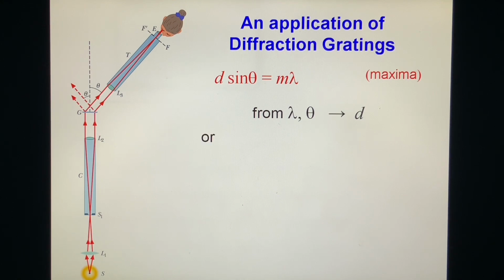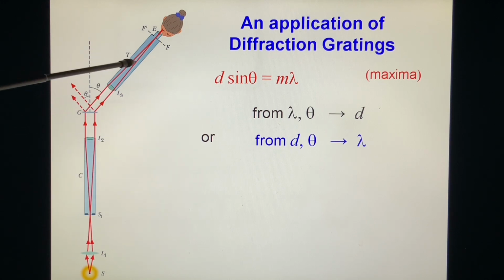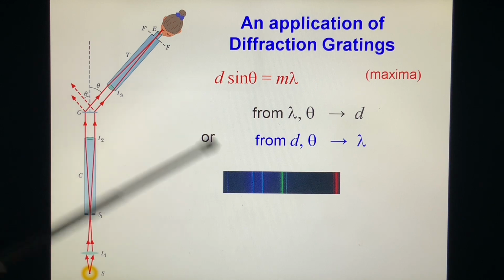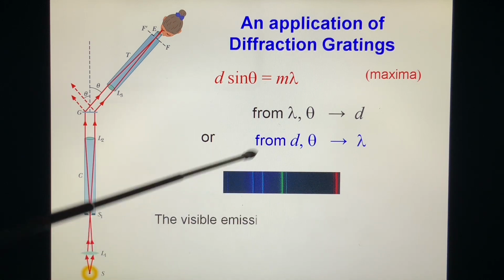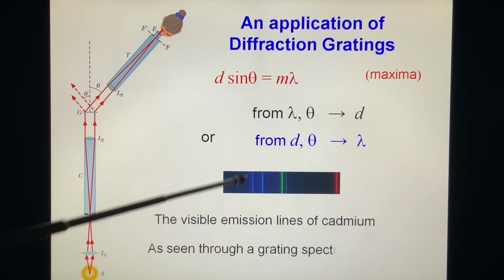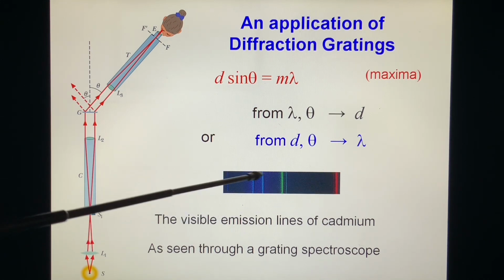Or from d and theta, we can find the wavelengths. This is a picture of the grating spectrum of cadmium. It has lines 1, 2, 3, 4. As long as you have this combination of lines, you can prove you have cadmium inside.